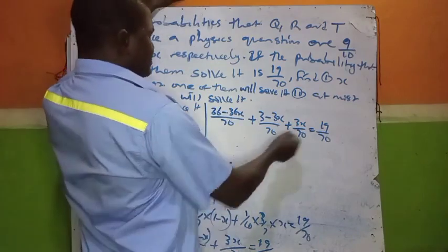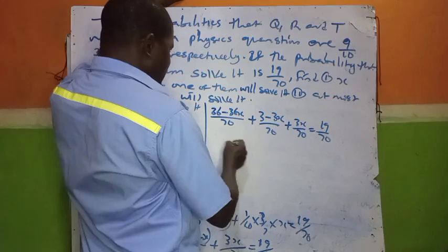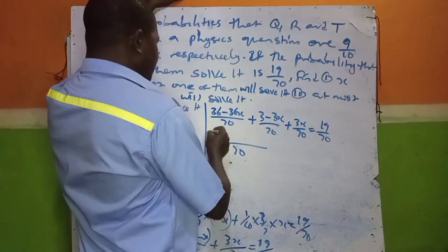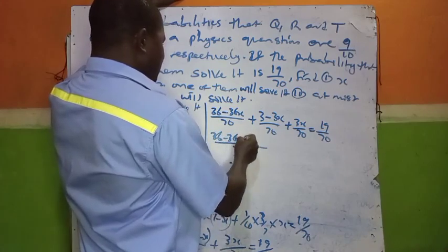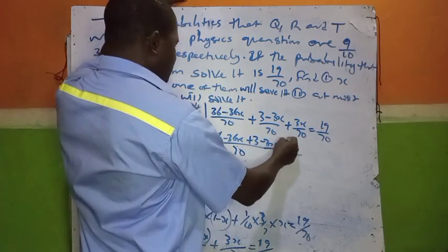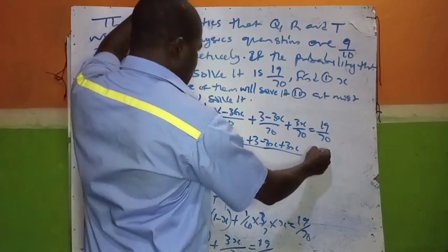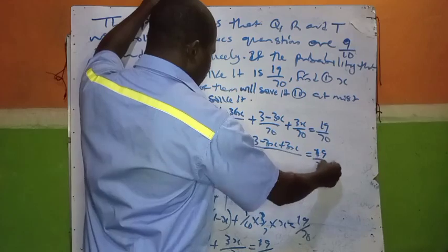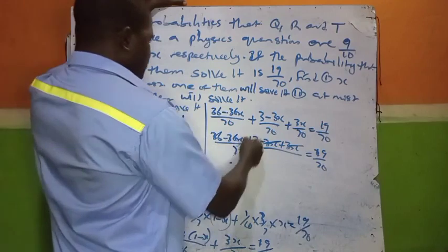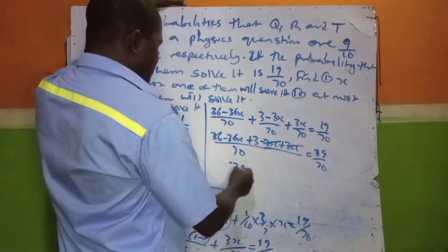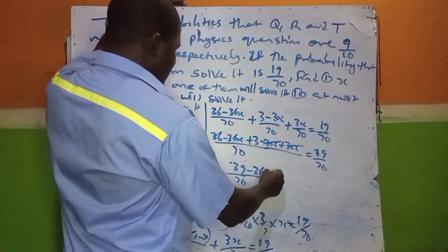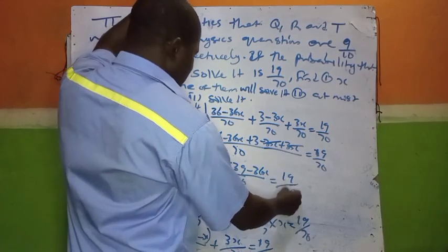The LCM is 70, so you have 36 minus 36x plus 3 minus 3x plus 3x equal to 19 over 70. So this plus this gives you 39 over 70 minus 36x over 70, equal to 19 over 70.